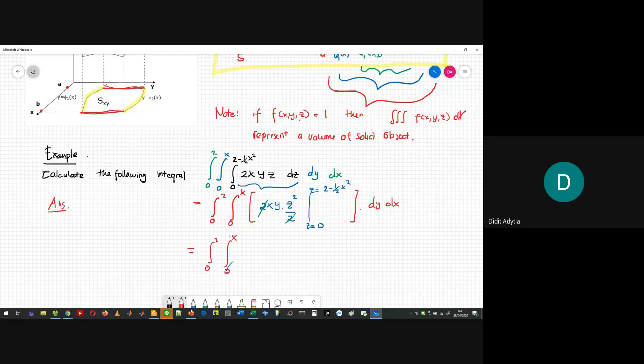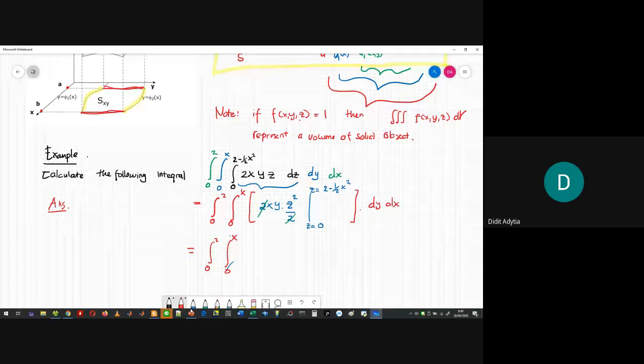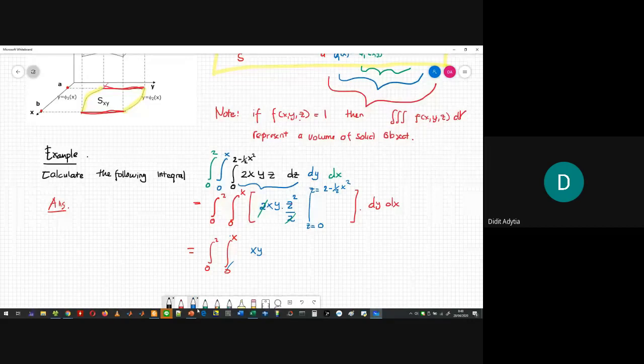This is 0 to x, and this one becomes just substitute. Apa yang disubstitusikan? Z-nya. Okay, z-nya berarti x, y stay the same. It becomes 2 minus a half x square. Okay, dan ini dikurang 0. Kurang 0 kita nggak hitung. Okay, and then we integrate it with respect to dy and dx.